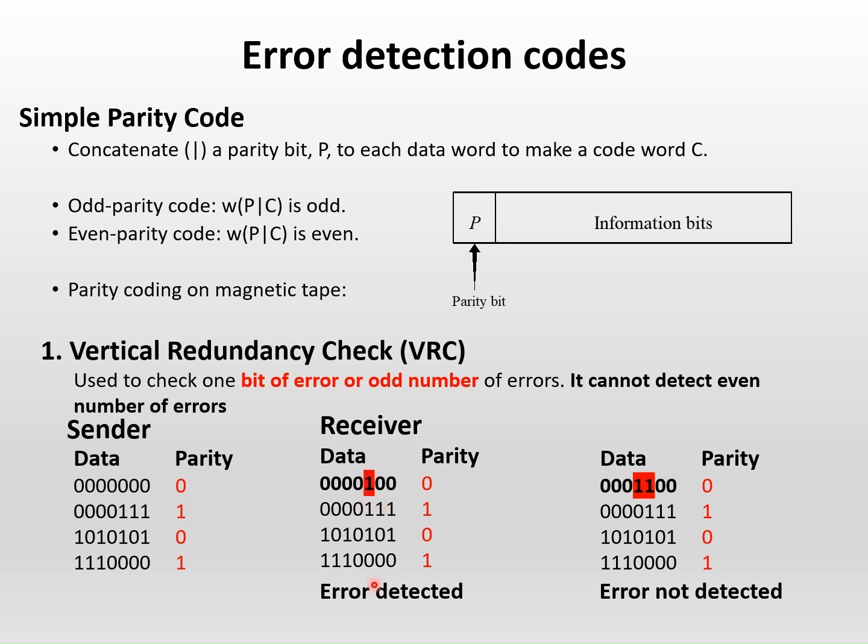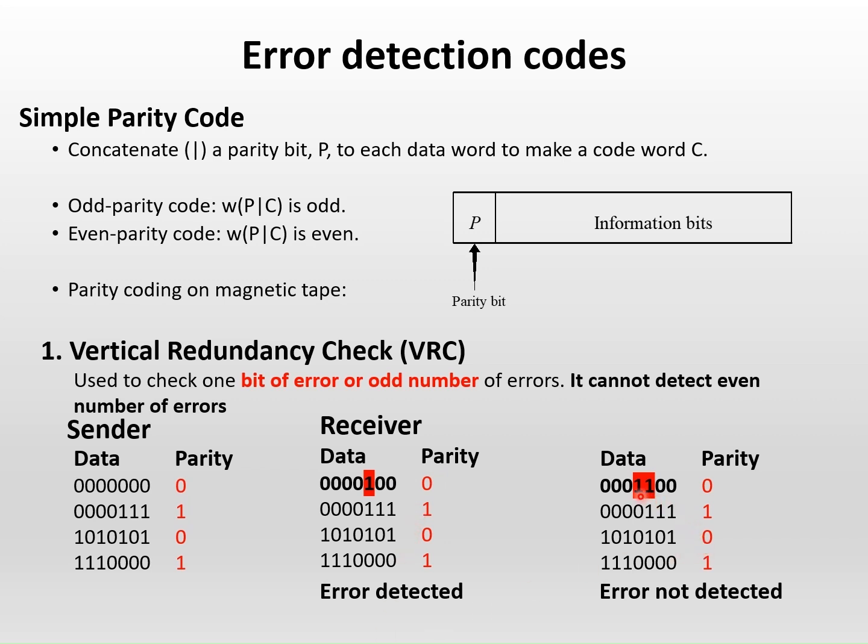Okay, so this error will be detected easily by the receiver, because receiver is also calculating the even parity, and receiver's calculation should have been the 1 parity, but what parity it has received is 0. So it knows that this data is corrupted.